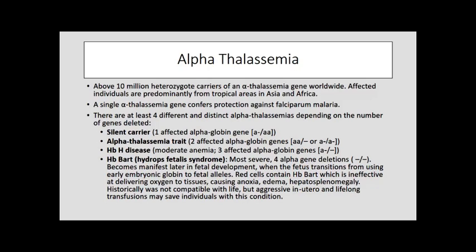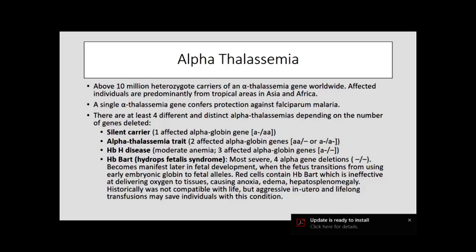The last one is called hemoglobin Bart, okay, and it's the most severe of the 4. Notice that there is a deletion of the 4 genes. Notice that you have only 2 lines there in the genotypic description. Okay, this disease becomes manifest in the late stages of the fetal development, so in utero. Normally, in the past, this was totally incompatible with life. Okay? Remember, during the intrauterine life, there are 2 stages, the embryonic and the fetal.